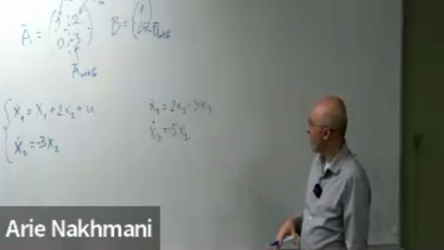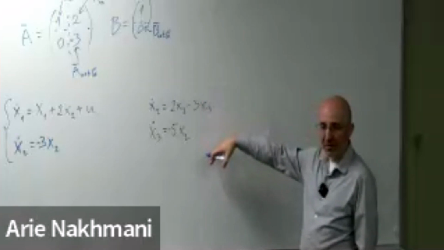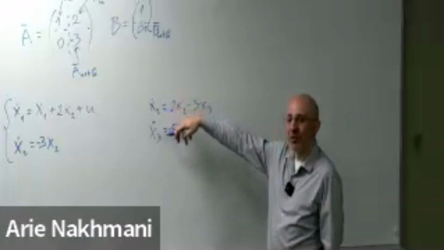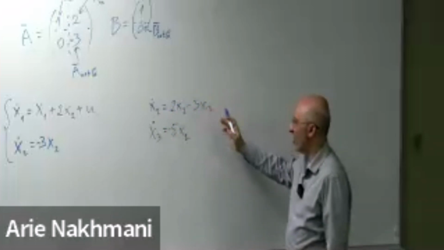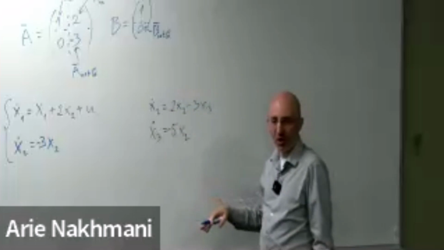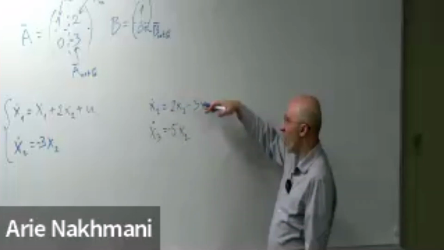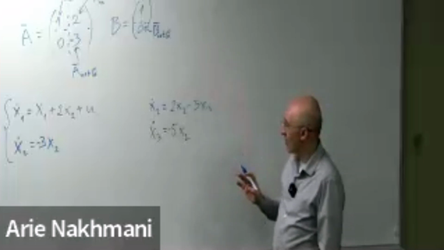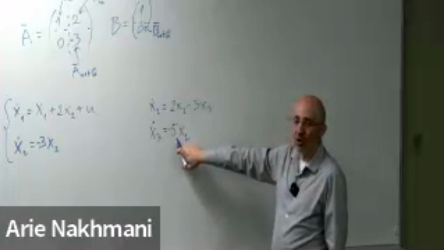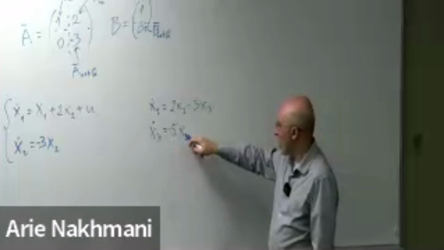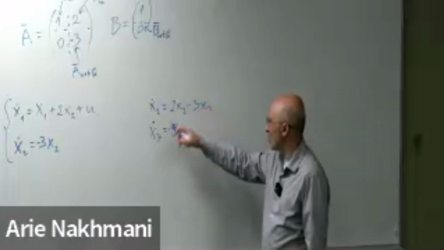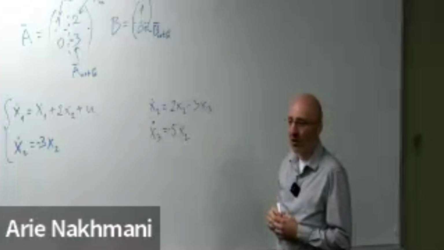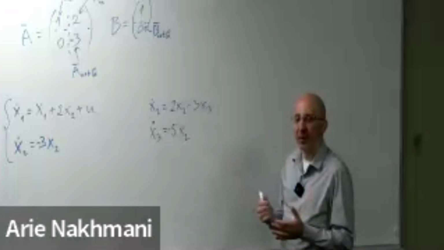And none of them depends on u. They are interconnected between themselves, but u is not entering any of these equations, so it's not connecting through any other state. This will be the uncontrollable part. They change each other in a way, but no input can change any of them.